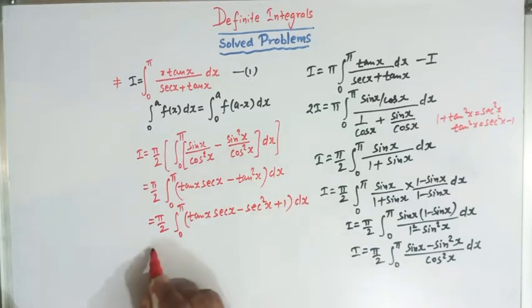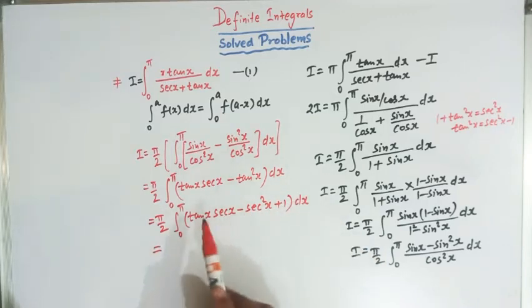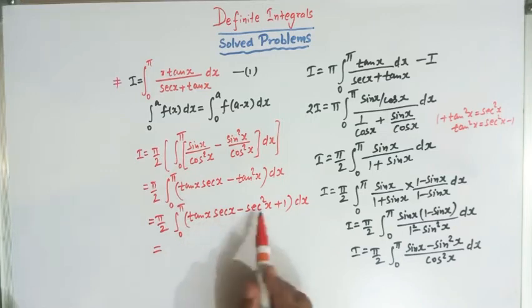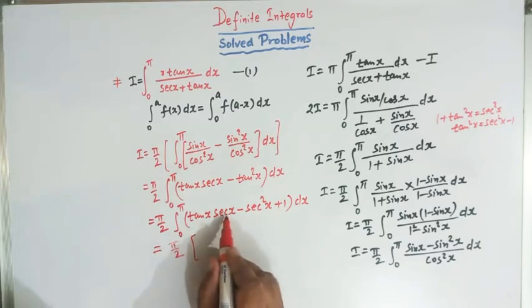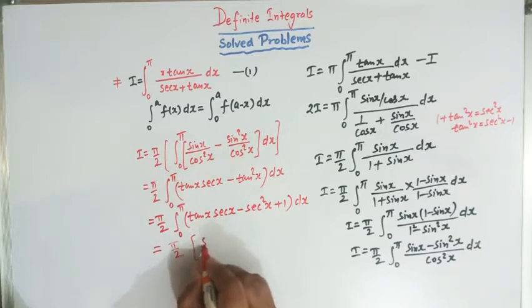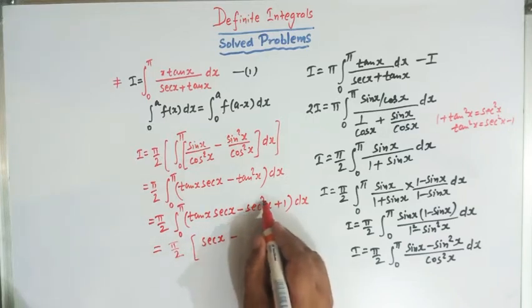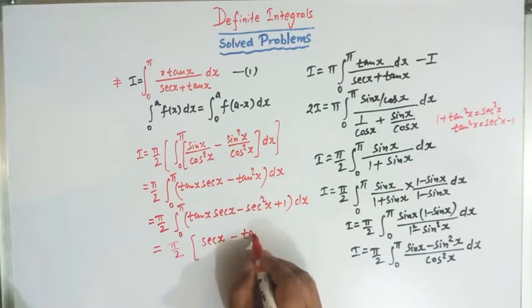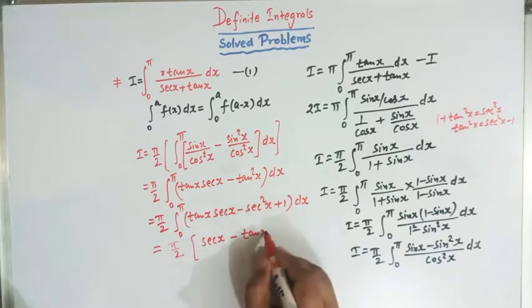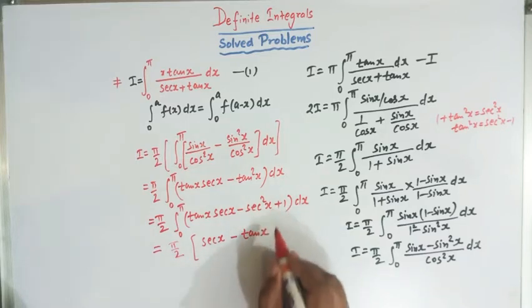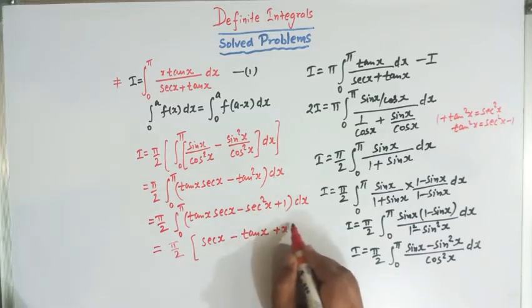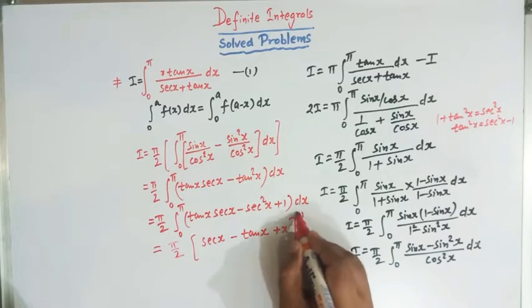Now see, here we have 3 terms, and the integral of tan x sec x is sec x, the integral of sec square x is tan x, and the integral of 1 is x, and here we have the limits.